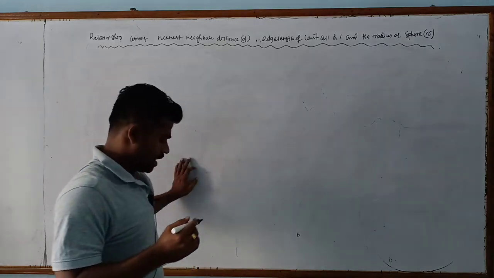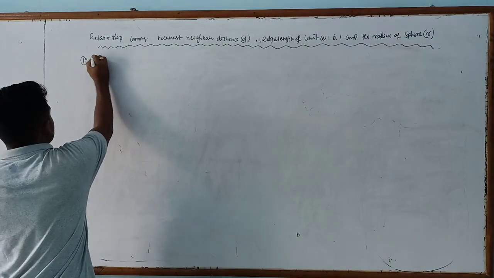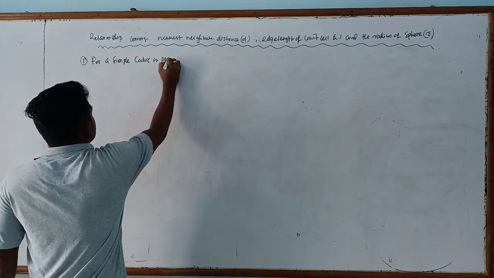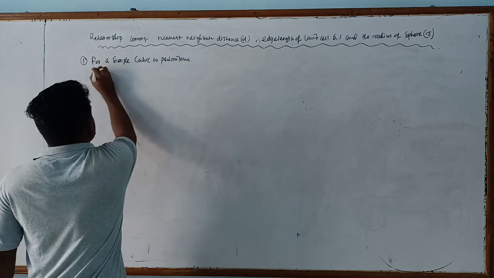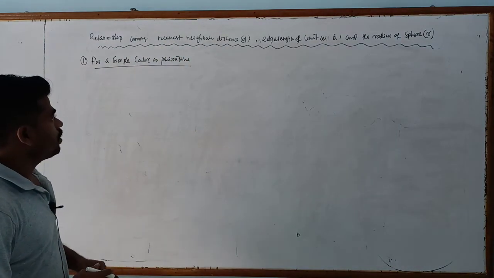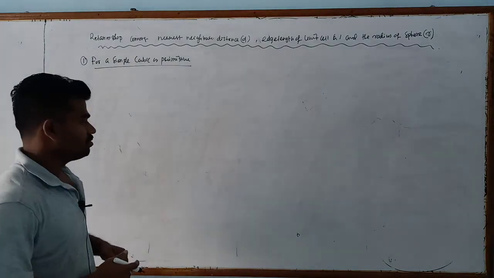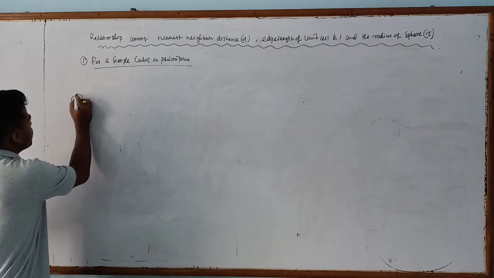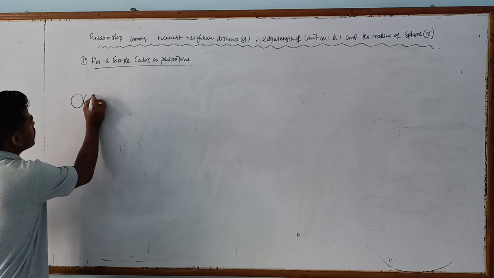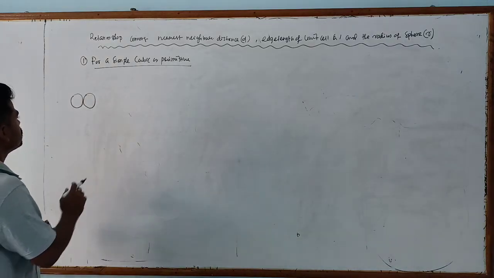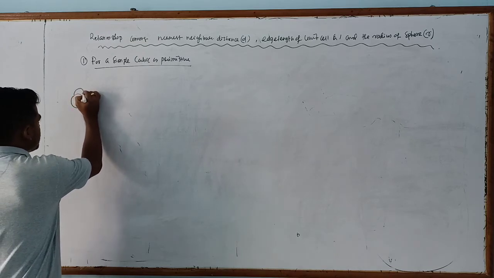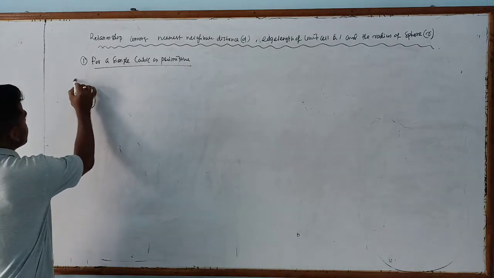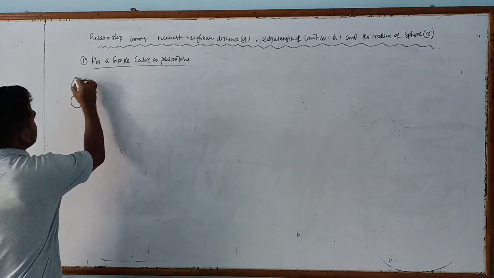So first I need to derive it for a simple cubic or primitive unit cell. For a simple or primitive unit cell, the particles are present at the corners. If you visualize this geometry three-dimensionally, this one is one sphere and this one is another sphere. Two spheres are present behind it like this, and another two spheres are over the first layer, here and here.